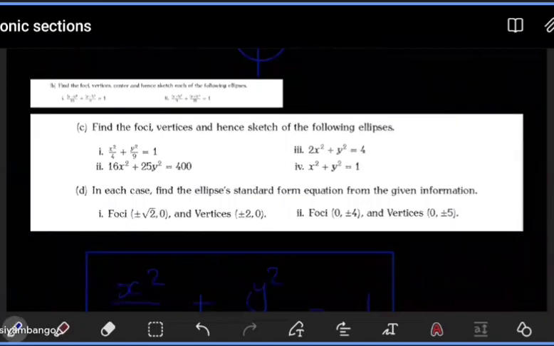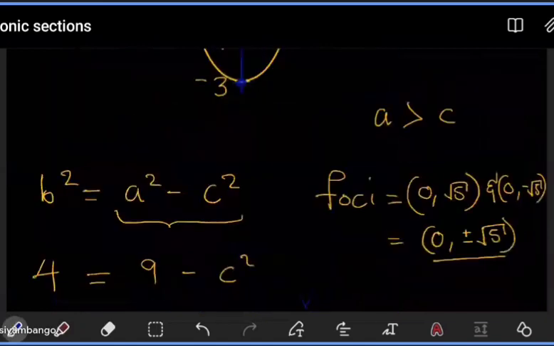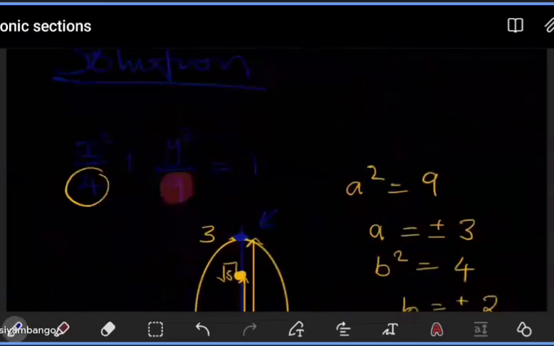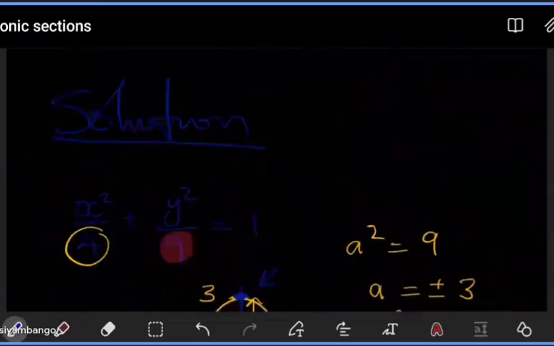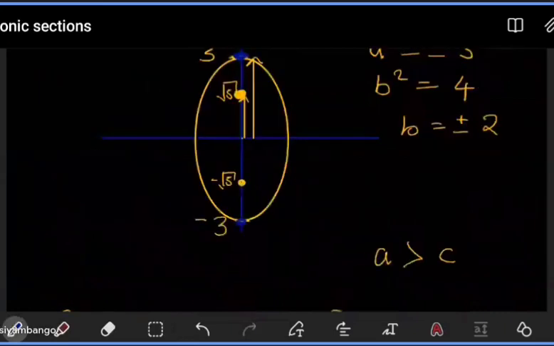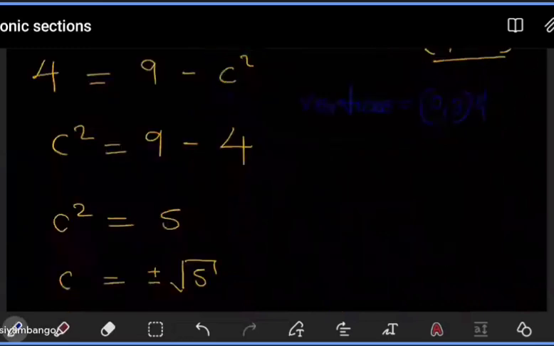Okay, the vertices are the last one. So for the vertices, we have 0 in the x, and going up, a 3, yes, that's a 3. So 0, 3. And the second vertex is coming down here, so 0 in the x again, and minus 3 in the y.